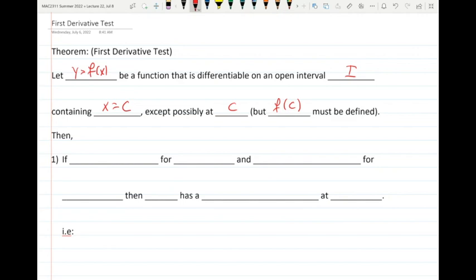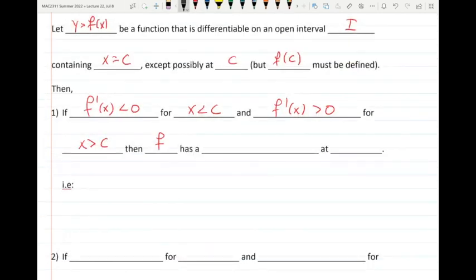Okay. So then the condition is that if the derivative is negative for x less than c, and if the derivative of the function is positive for x bigger than c, so that means to the left is negative, to the right is positive, then what does f have? Well, let's draw the picture.